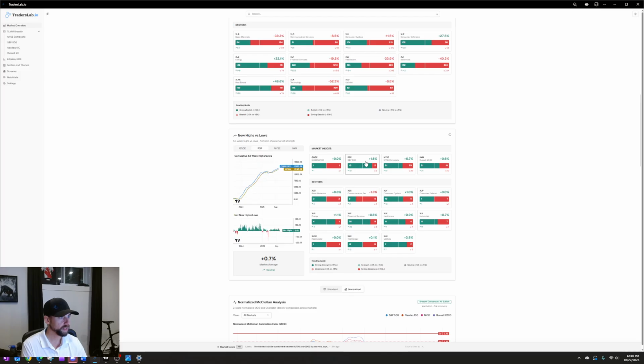You can also select your market with the tiles, and you have each sector's net new highs and lows as well, quickly seeing the green versus red bar to let you assess the health of each sector and each market as well.